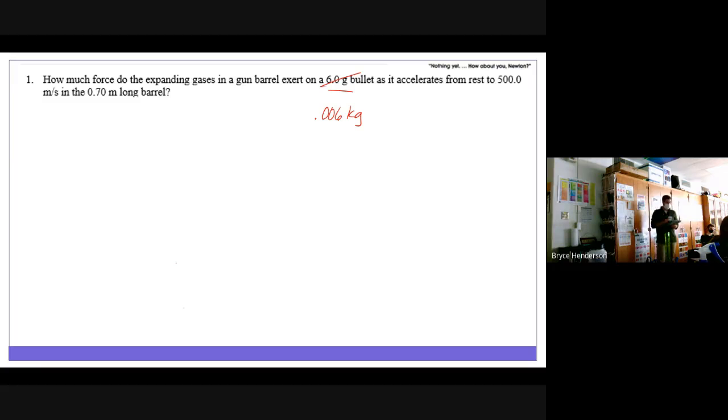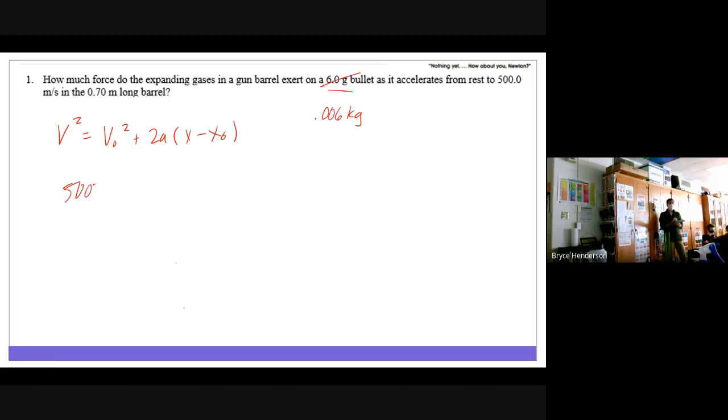So thinking about that, my final speed at the end of the barrel is equal to the original speed plus 2 times acceleration, x minus x sub 1. Third kinematic formula, because I know nothing about time. You don't know time? This is your friend. At the end of the barrel, it's going 500.